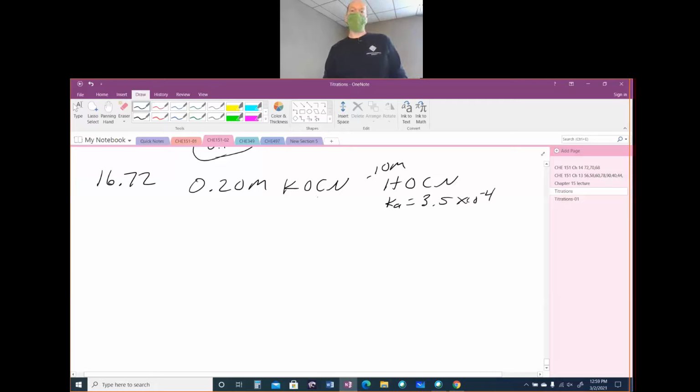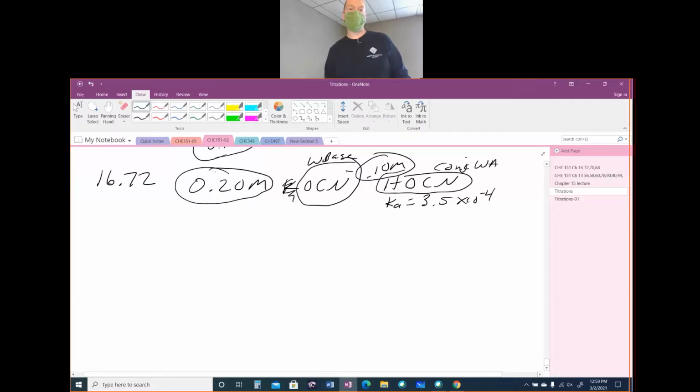All right, so I immediately see that the potassium is always a spectator ion, and so I have my weak base and its conjugate weak acid, in some non-zero concentrations, 0.2, 0.1, and there's no H plus, there's no OH minus.